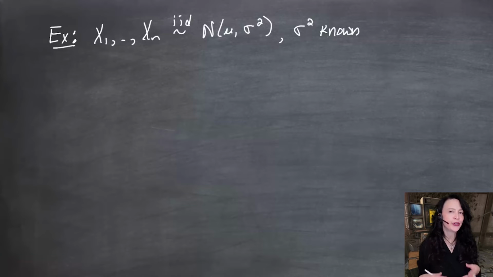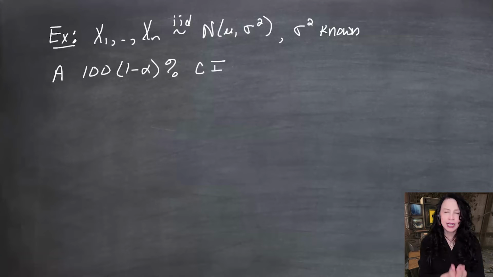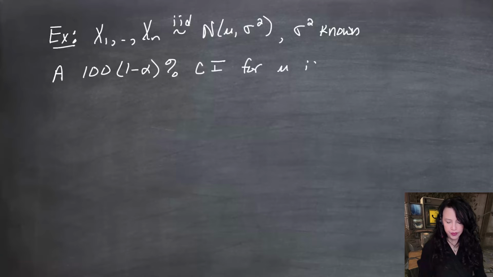But for historical reasons that have to do with hypothesis testing coming before confidence intervals in the history of statistics, we usually derive what we call a 100 times 1 minus alpha percent confidence interval for mu.